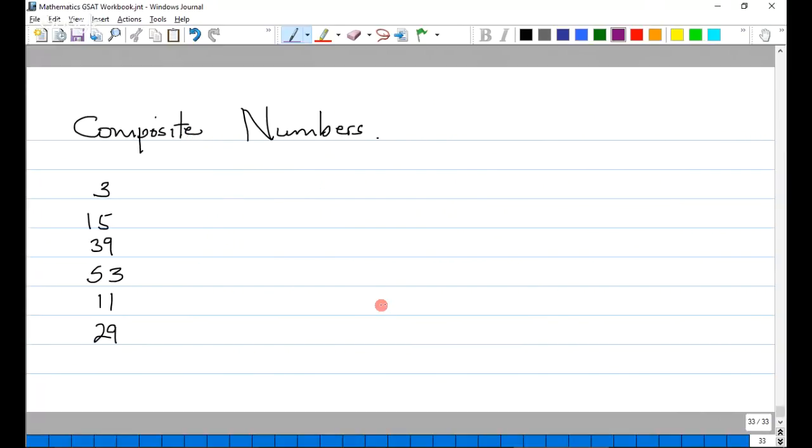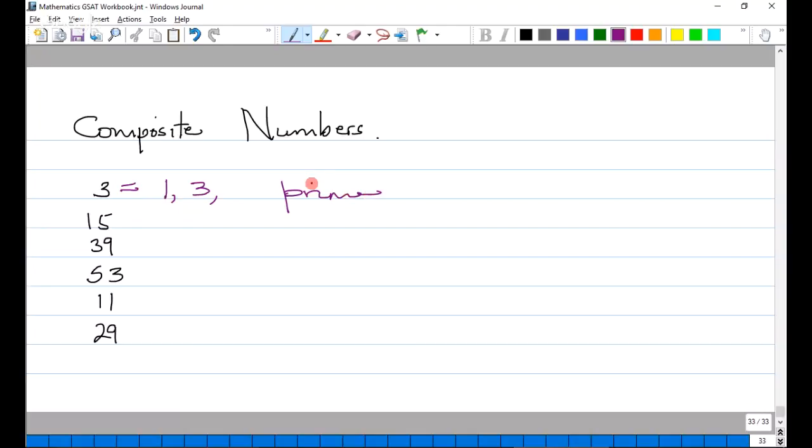Exercise 1 down at the bottom now. It says, tell whether each number is composite or prime. If composite, use exponents to write the prime factorization. So let's look at 3. First, what are the factors of 3? 1 and itself. So what type of number is this? Prime number.